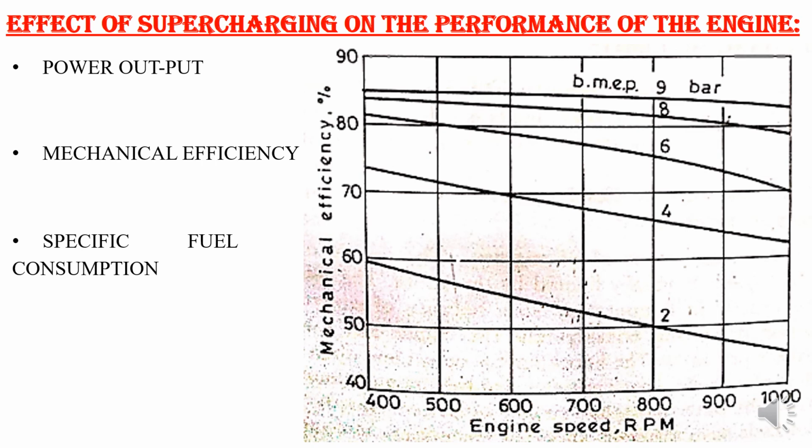Moreover, part of the exhaust energy is utilized, thus giving better mechanical efficiency and thermal efficiency as well as fuel consumption. So the turbocharger will increase the efficiency compared to a supercharger. Also it will improve the fuel consumption.